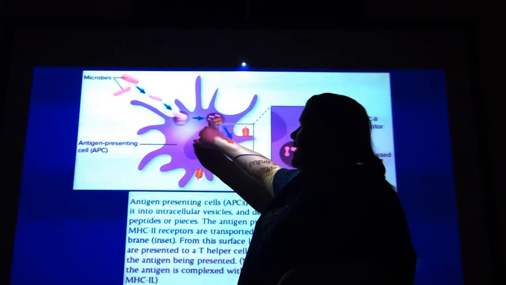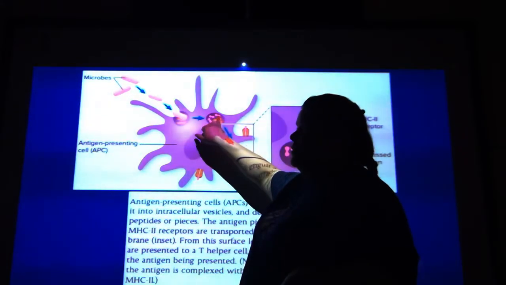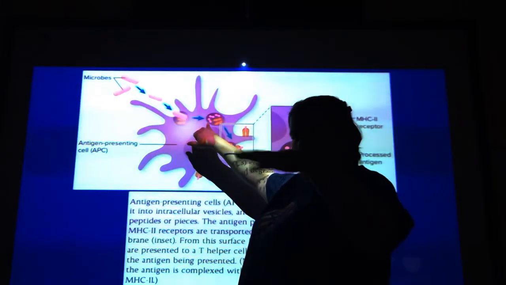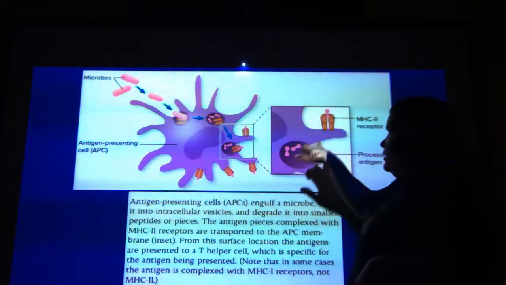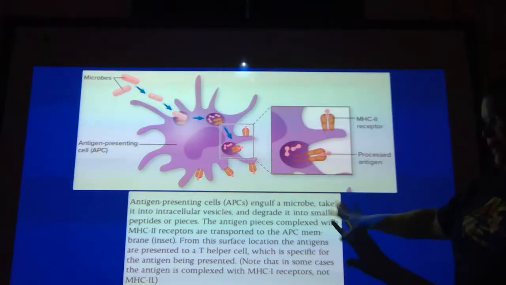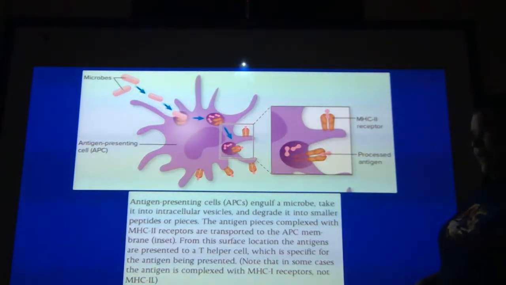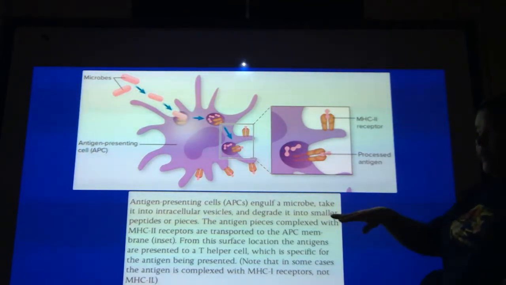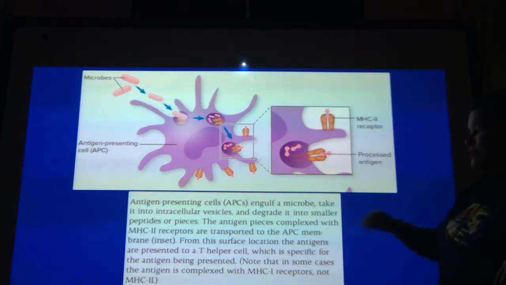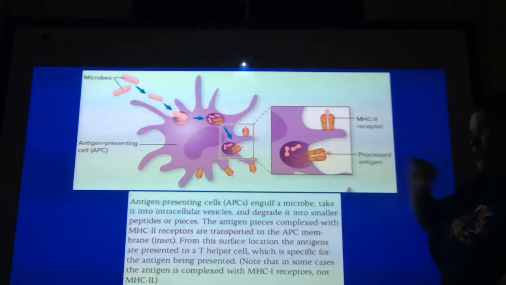And I isolate the surface antigen, and I bind it to MHC2. Antigen presenting cells engulf a microbe, take it into the intracellular vesicle, degrade it into smaller peptides or pieces. The antigen pieces are complexed with MHC2. They're transported to the membrane and they insert into the membrane.